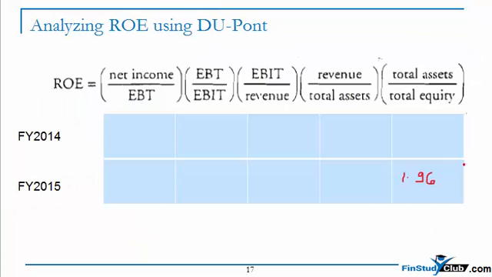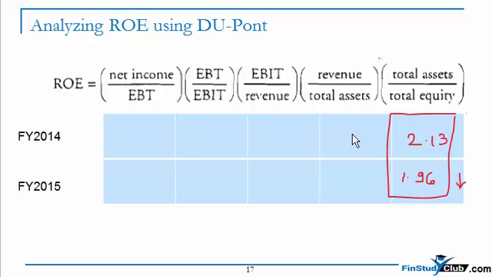So that gives me a number of 2.13. So just look at this particular aspect. Your leverage in the current year has gone down, because of which your return on equity would have suffered. So this kind of an analysis is something that I'm going to do right now.